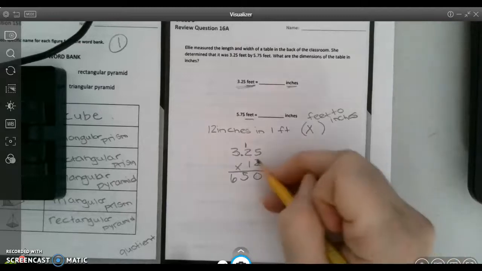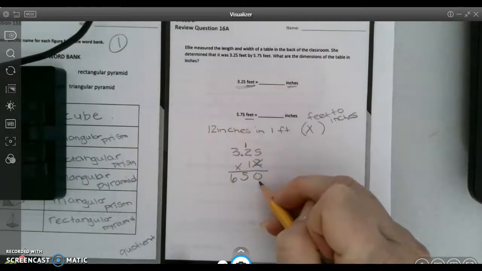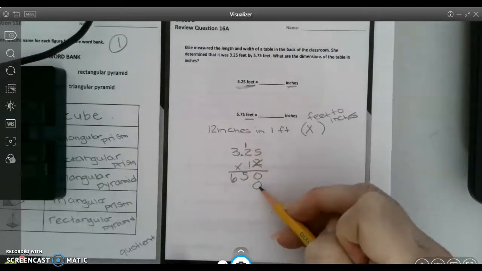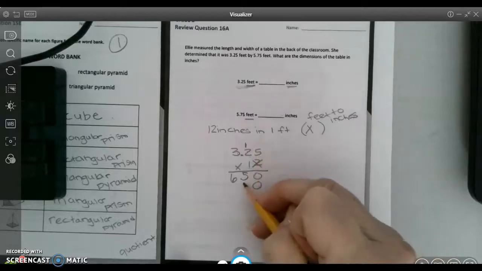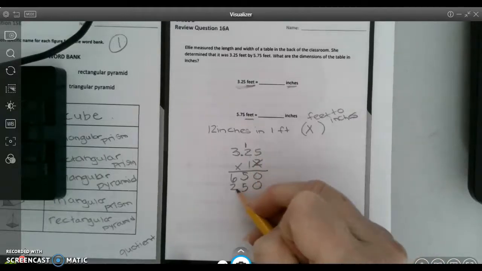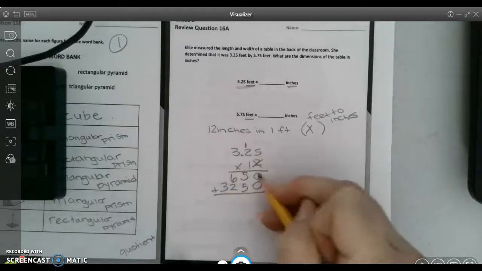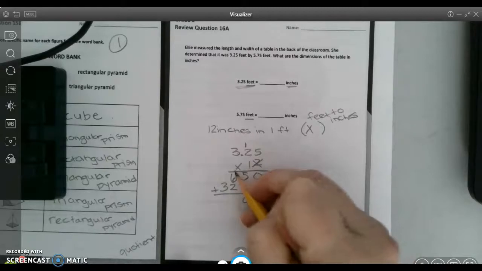Then we cross out our 1s and go to the tens place. I put my placeholder 0, and this is 5 times 1, 2 times 1, and 3 times 1. We're going to add that all together.